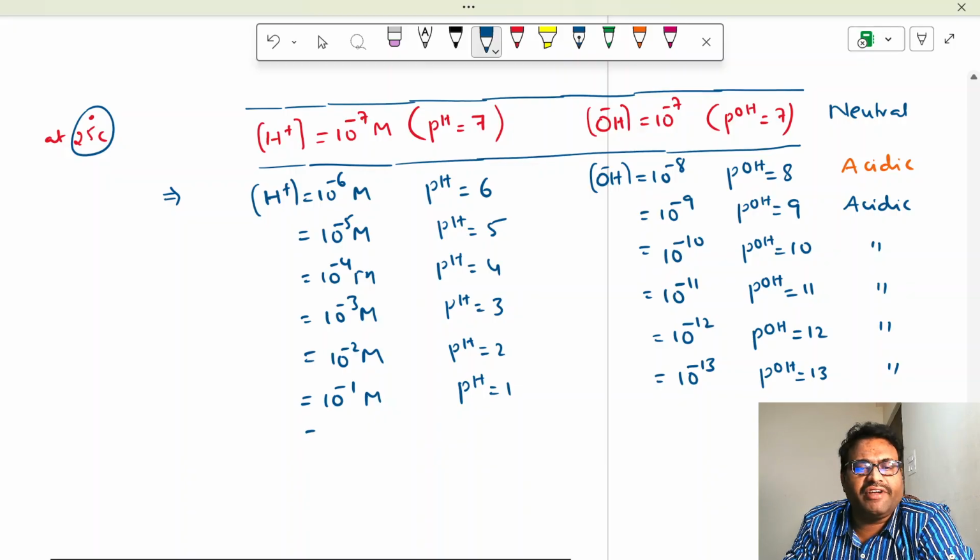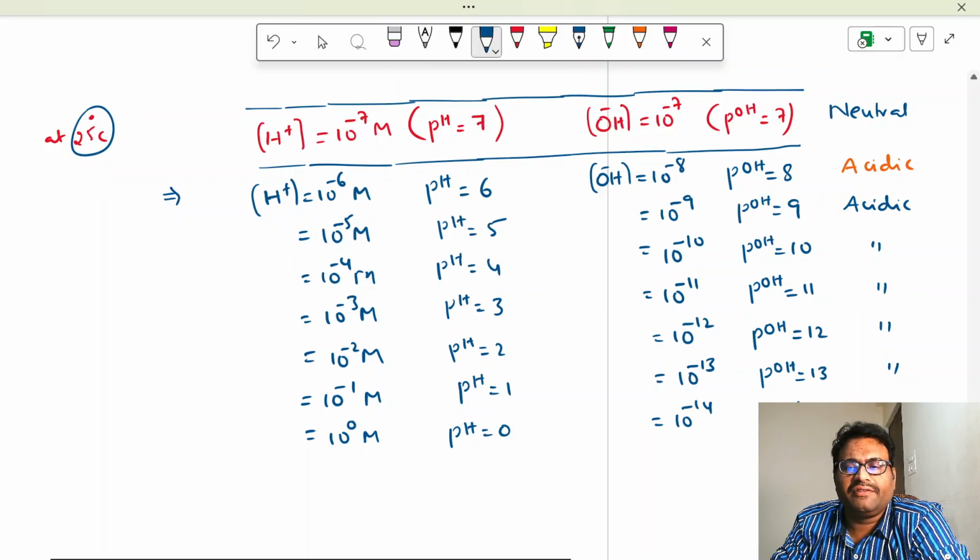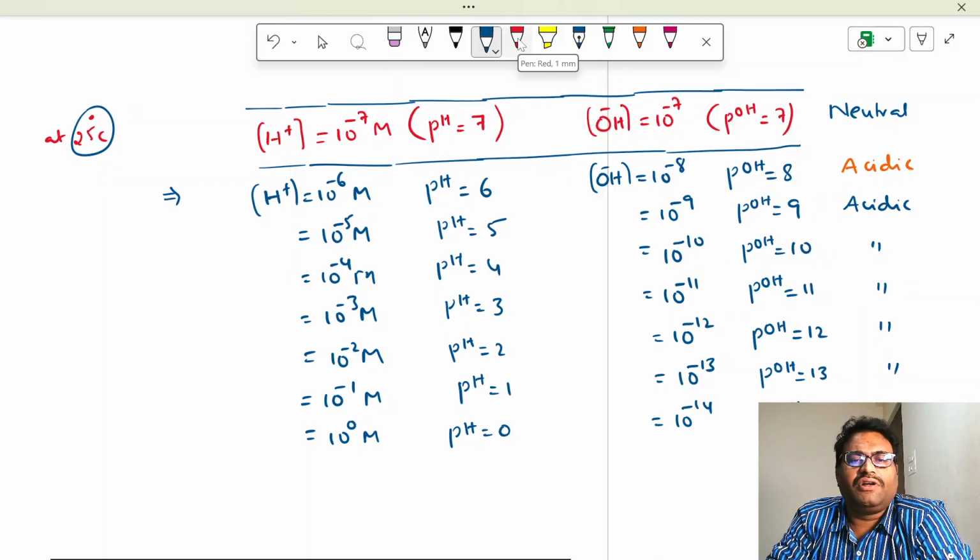Right? In the same way, 10 power 0 molar, then pH is equal to 0. Here it is 10 power minus 14. pOH is equal to 14. Acidic. Simple. You have to remember this.